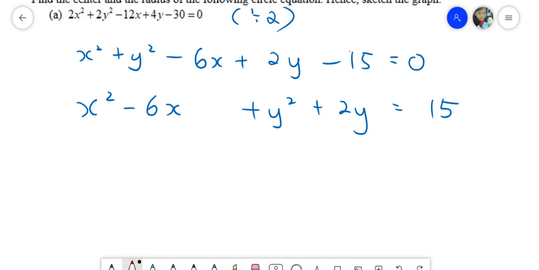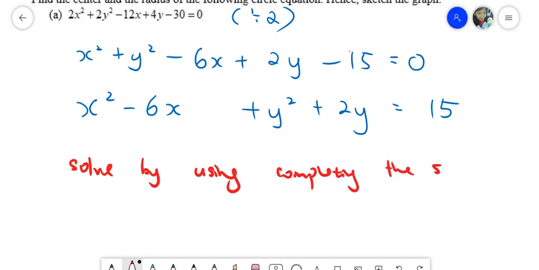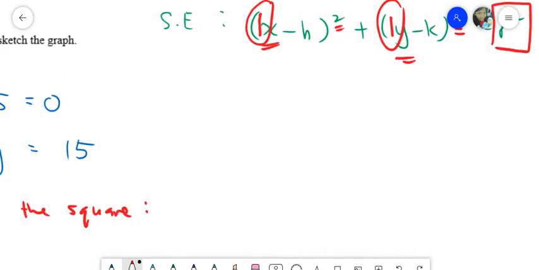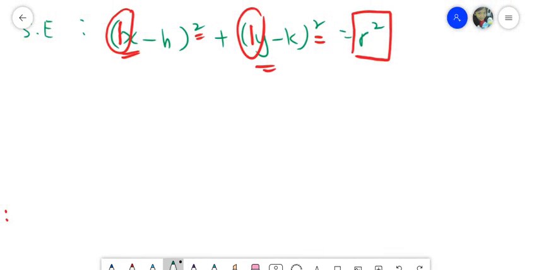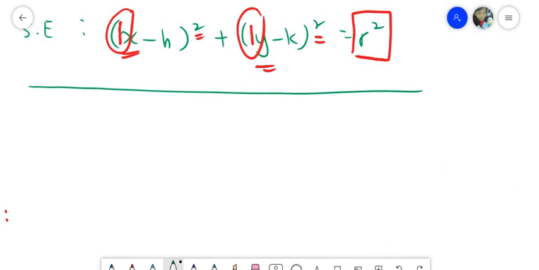Okay, so from here, how are you supposed to solve it? We will solve by using completing the square. Okay, let me get your memory back. Completing the square. How are we supposed to solve this?